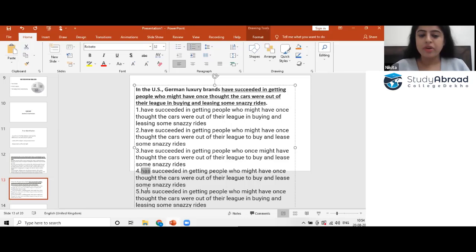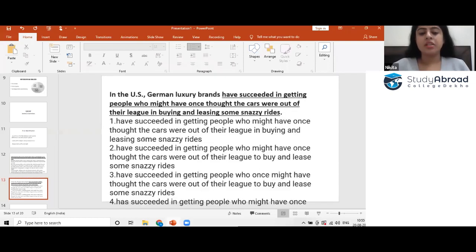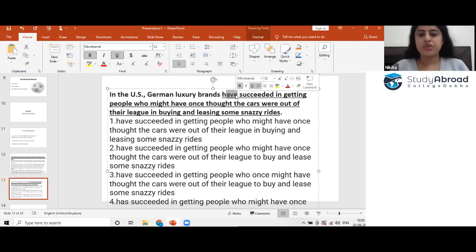So if I have a focused approach and look at the very starting point, I really don't need to go into much detail for the other errors in options 4 and 5. First, we'll pay attention only to options first, second and third, having eliminated fourth and fifth because has is present at the start and we need have, since we just mentioned brands, which is plural.